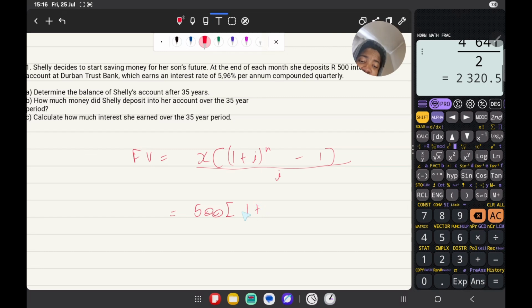Then you have 1 plus the interest, which is 0.0596 divided by 4, because the interest is compounded quarterly. And then here you have 4 times 35, then minus 1, over 0.0596 divided by 4. You put that in a calculator, you get your value.